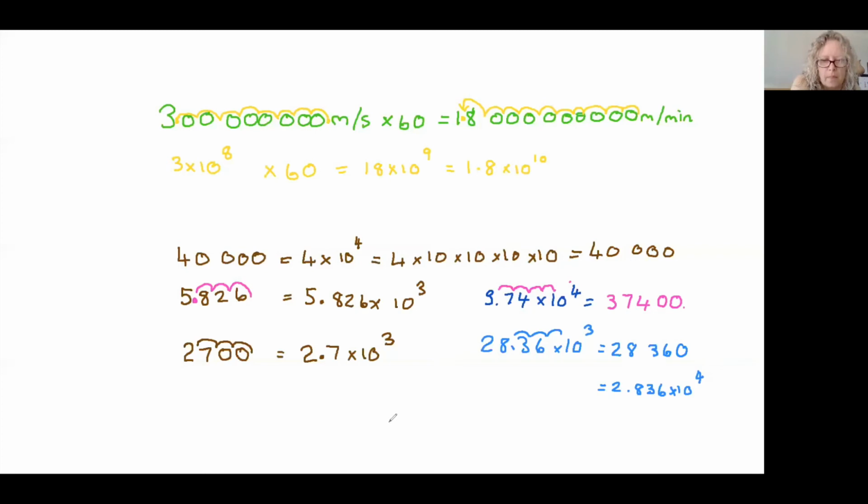So I hope this doesn't confuse you, but 28.36 times 10 to the power of 3 is the same as 2.836 times 10 to the power of 4, because I've moved the decimal point back 1 space to get this, so I've added another space. All right, we've got some questions, and I'm going to talk about small numbers separately.